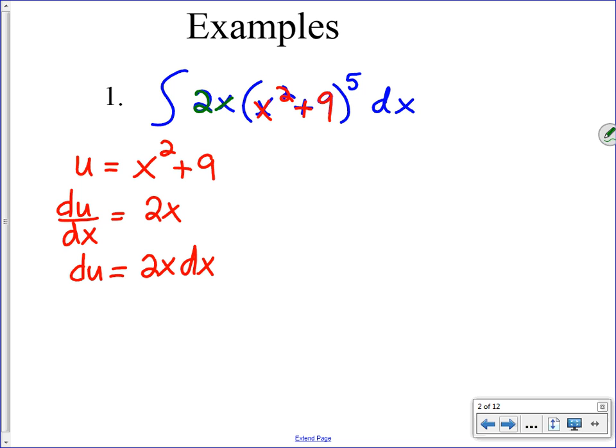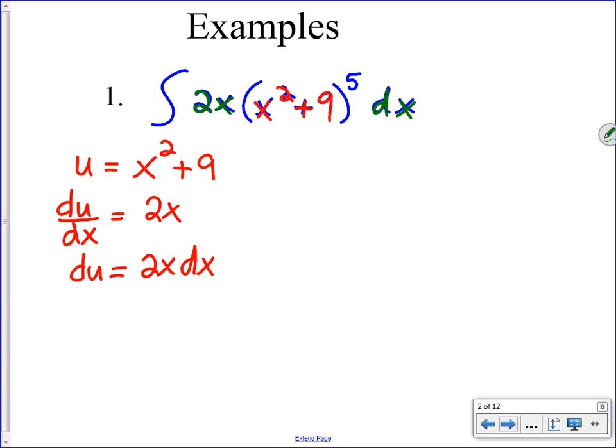We have 2x here, and we have a dx here. So that basically is the derivative of the inside function, so that's going to get replaced with du.